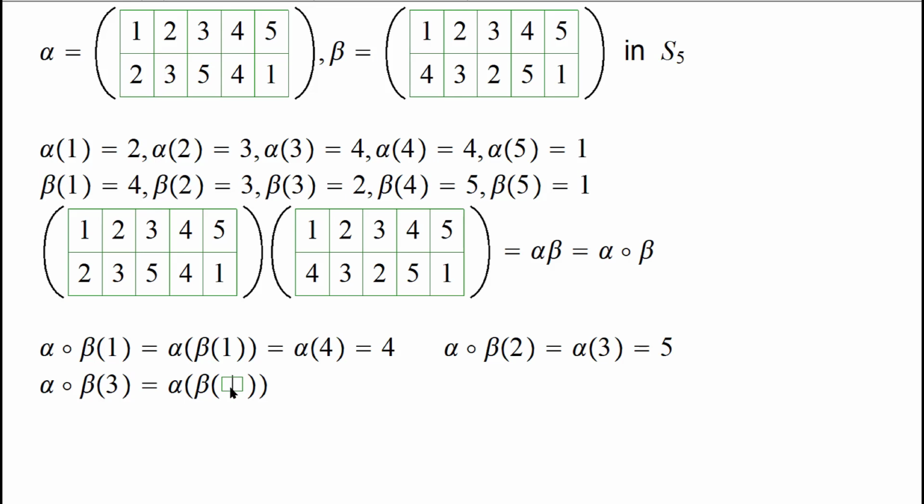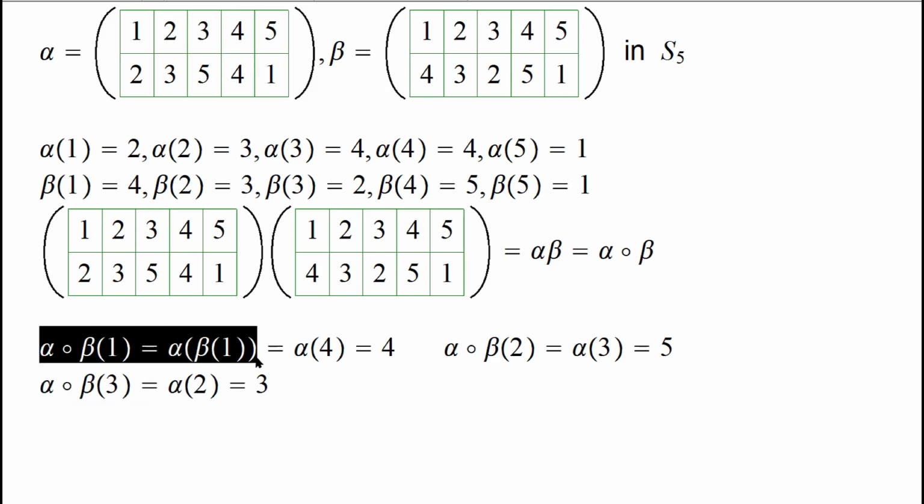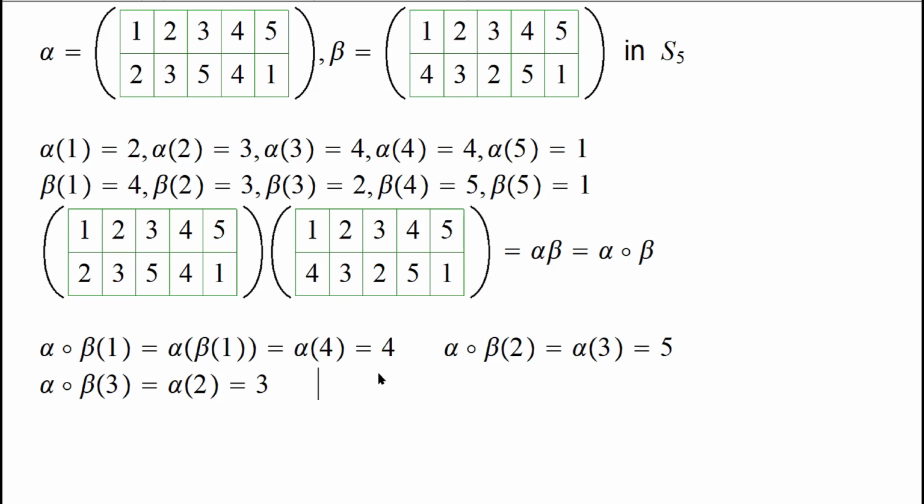And then likewise, we can go for this composition with 3. Beta of 3 is 2, so we are writing alpha of 2, which happens to be 3. So under this composition, 3 goes to 3.